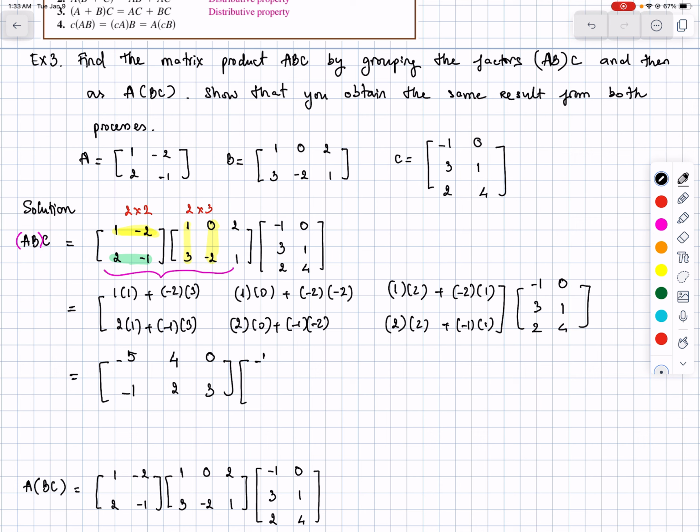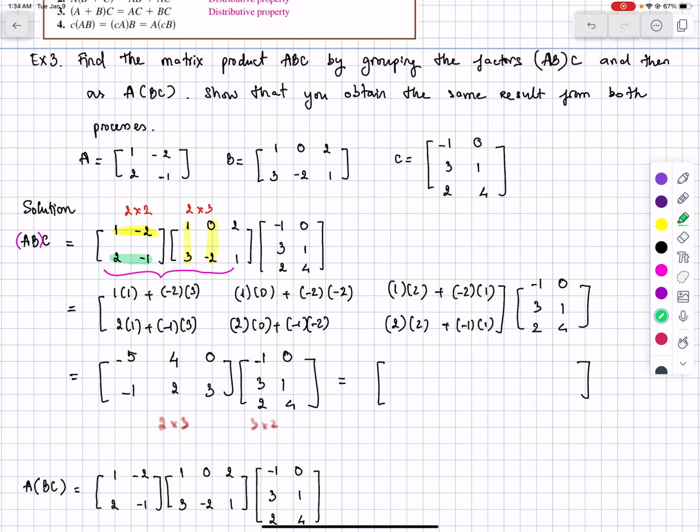Then let's copy the matrix: negative 1, 0, 3, 1, 2, 4. Okay, so now what we have is a 2 by 3 and a 3 by 2. So our final answer should be a 2 by 2 matrix.